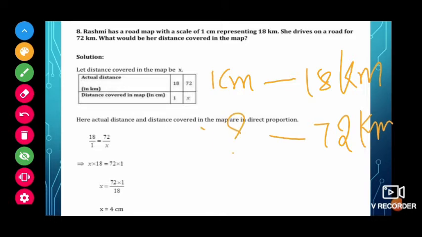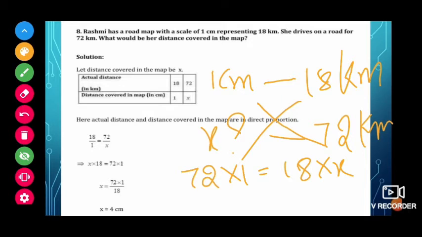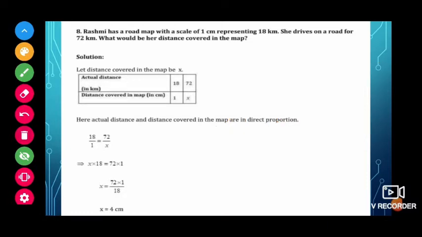Let's take that distance as x. So cross multiplication: 72 into 1 is equal to 18 into x. So x is equal to 72 by 18. How many times will 18 go into 72, children? 18 4s are 72. So x is equal to 4 centimeters. If she drives 72 kilometers on the road, on the map it will be a 4 centimeter distance.